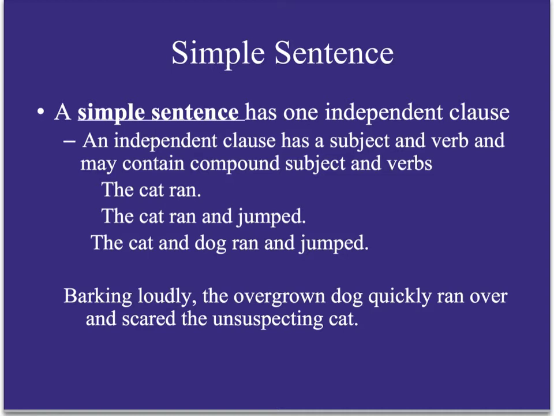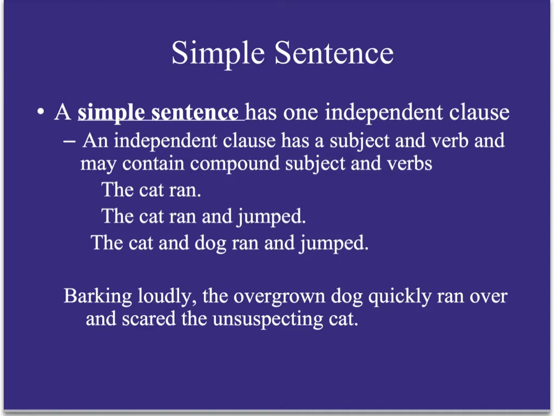So I know these examples are pretty simplistic, but our first one, the cat ran, has the subject cat, the verb ran. Our next one, the cat ran and jumped, has a compound verb, but they're both working with that same subject, so it's still considered a simple sentence.